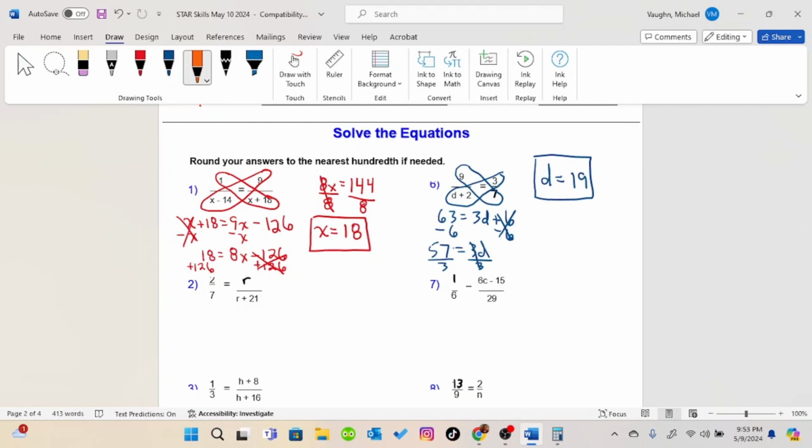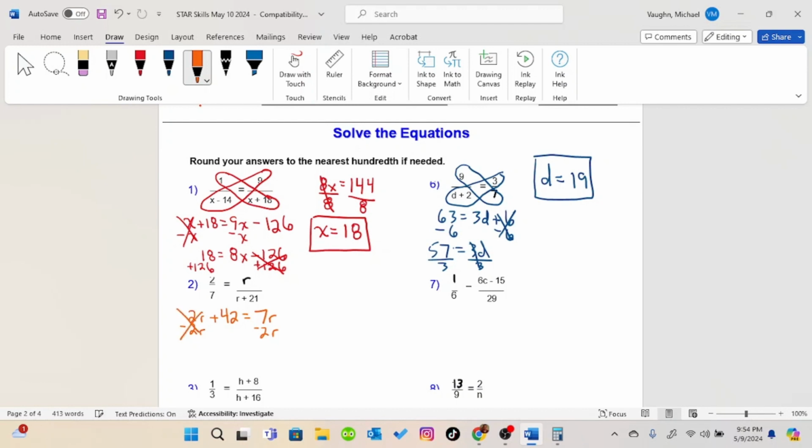Number 2. Again, we cross multiply. 2 times r is 2r. 2 times 21 is 42 equals r times 7, which is 7r. We subtract 2r from both sides.